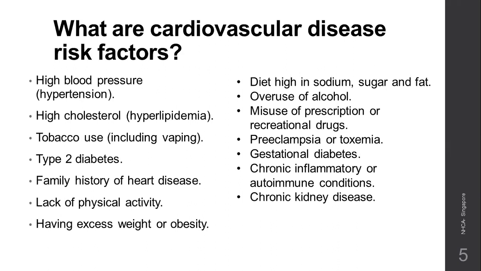The progeny will also be at higher risk of developing heart disease early on in life, and lack of physical activity, having excess weight or obesity, diet that is high in sodium, sugar, and fat, overuse of alcohol, misuse of prescription drugs or recreational drugs like substance abuse. Okay, any drug abuse.